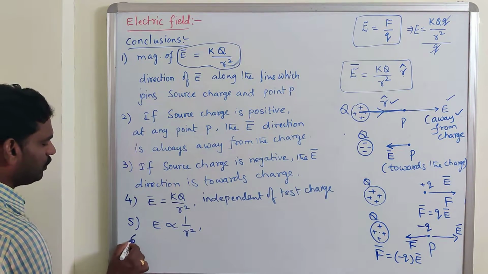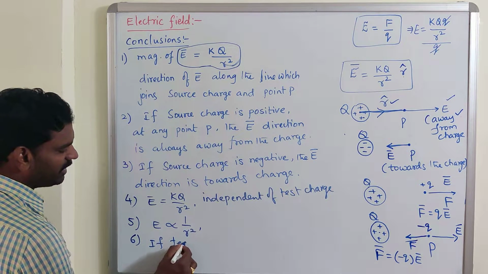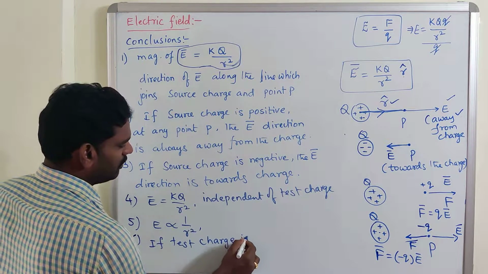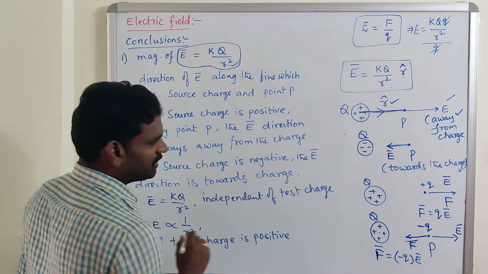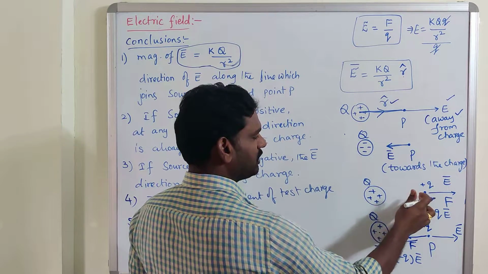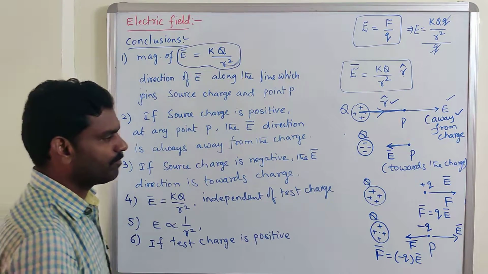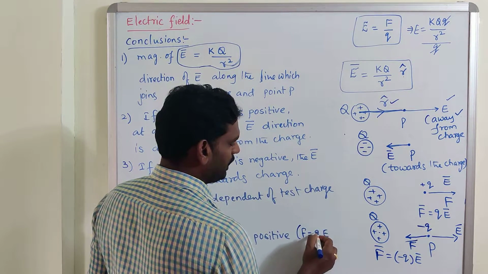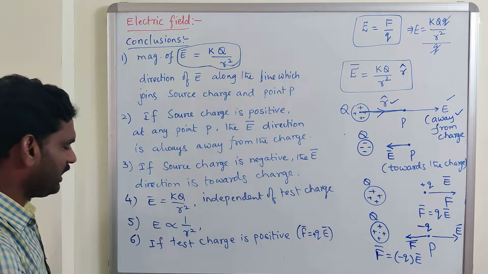And the sixth conclusion is, if test charge is positive, in this case, source charge is positive, test charge is positive. If test charge is positive, F equal to Q into E, plus Q into E. That means force and electric field will be along the same direction.